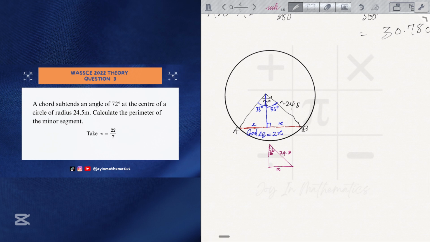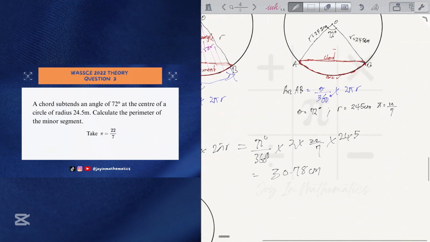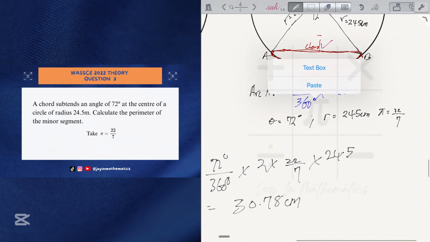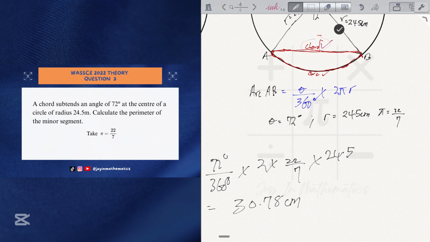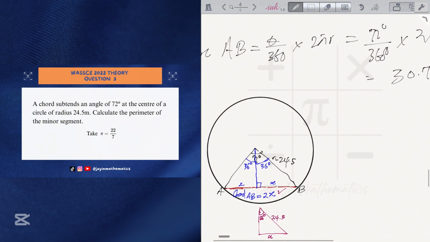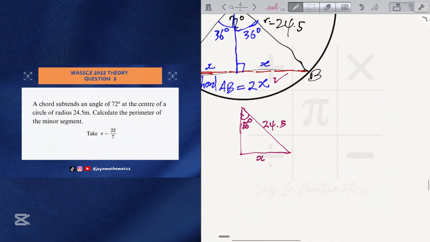Now with this we can find the value of chord AB, and once we know the value of chord AB, we can find the perimeter, because the perimeter of the segment will just be the sum of chord AB and arc AB. So moving on, let's evaluate the value of x.